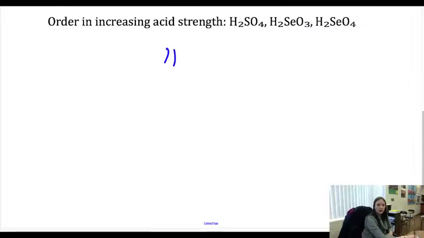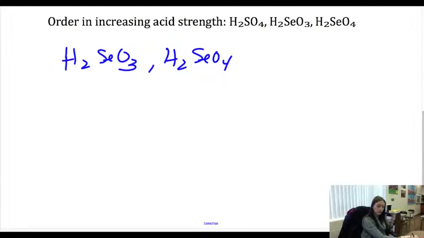So H2SeO4 is going to be stronger than H2SeO3. The question becomes, where does H2SO4 fit in here? Well, S is way more electronegative than Se, so S is going to pull the electrons closer to it. So now we're looking at H2SO4 being the strongest acid of that group, and it is a strong acid, which would also have put it on the end.